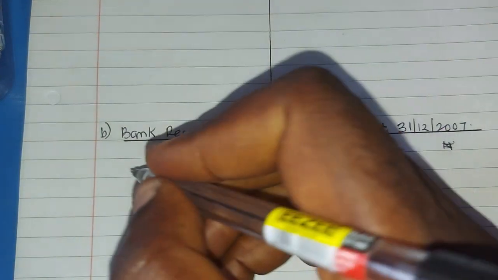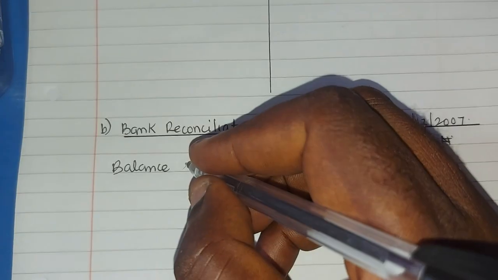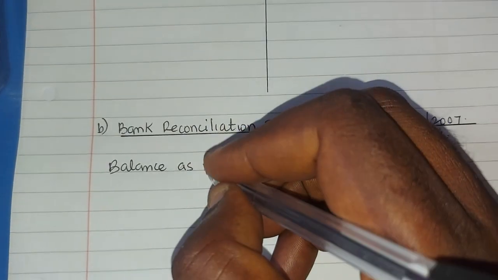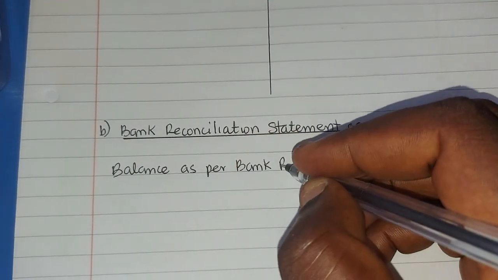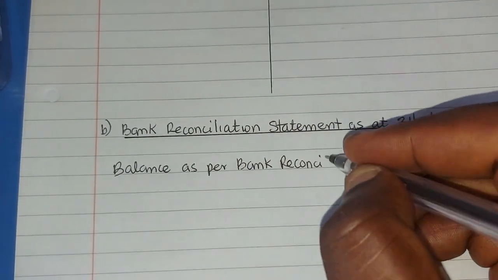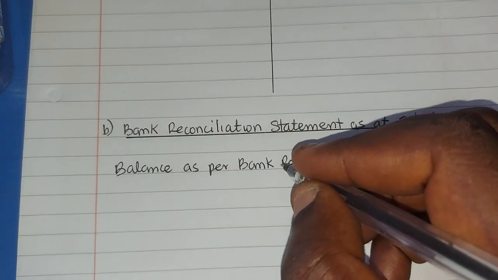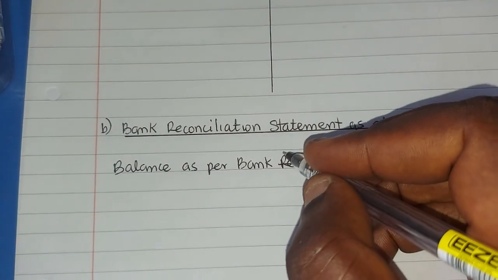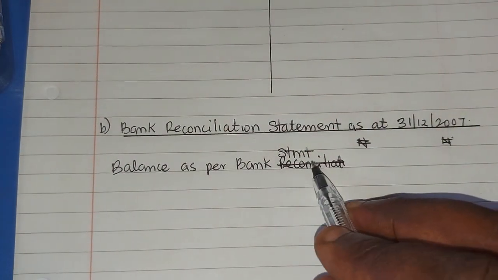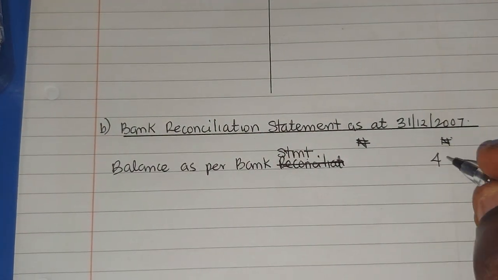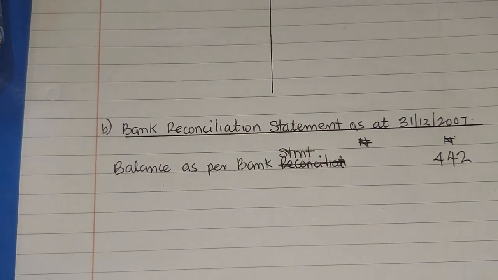So if I were you, I'll just say balance as per bank statements. Sorry for that. As per bank statements, that is 442. Balance per bank statements, 442.